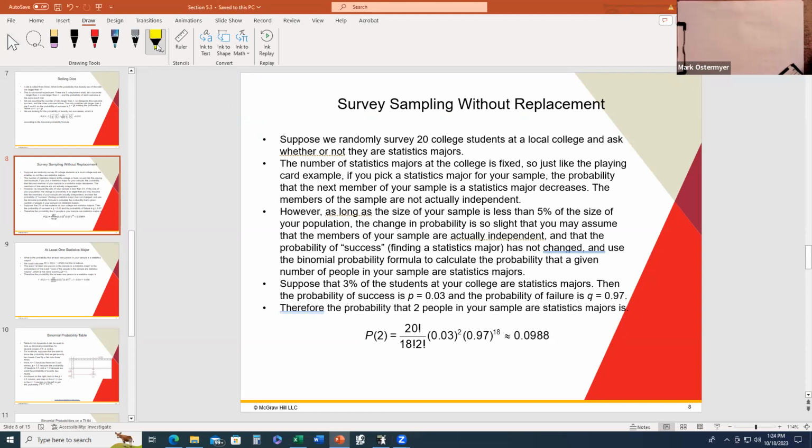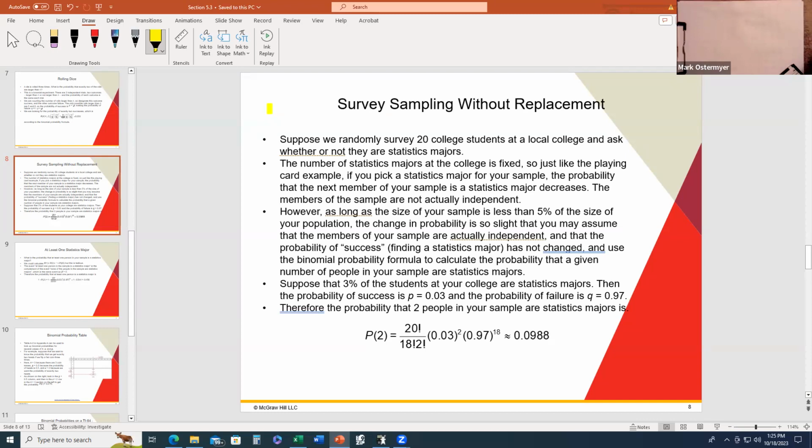I have a question for you here. If this campus only had 40 students enrolled, a very small college, ladies and gentlemen, and I randomly select 20 students and note whether they are a stats major or not, and keep that student out of the lot, and then pull out a second student randomly and note if they're a stats major or not, keep them out of the lot.